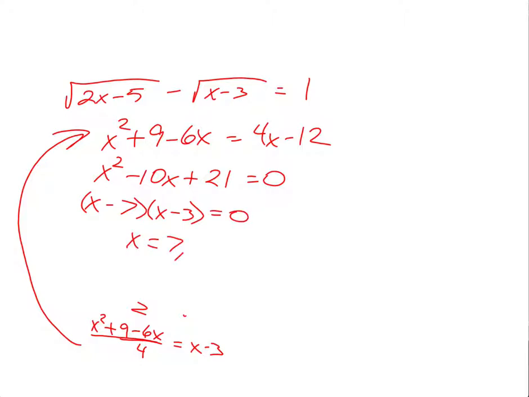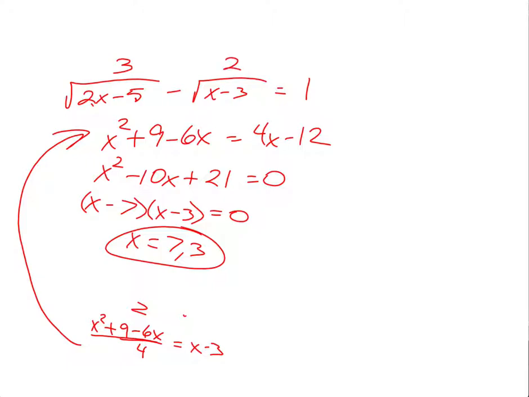So we get 7 and 3, but let's make sure they both work. So plug in 7, 7 times 2, 14, 14 minus 5, 9, square root of 9 is 3, 7 minus 3, 4, square root of 4, 2.